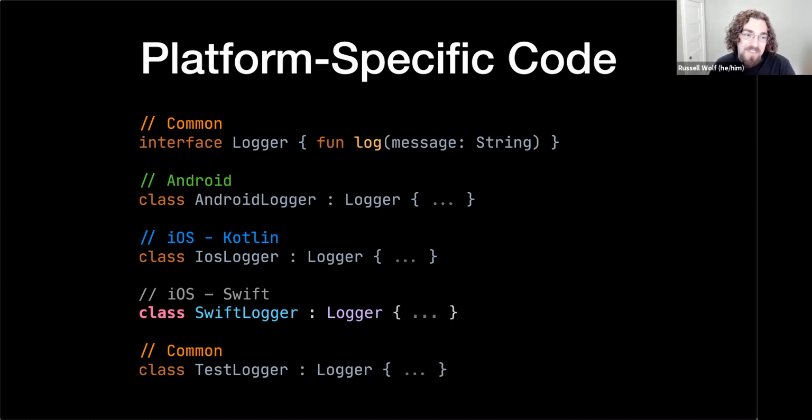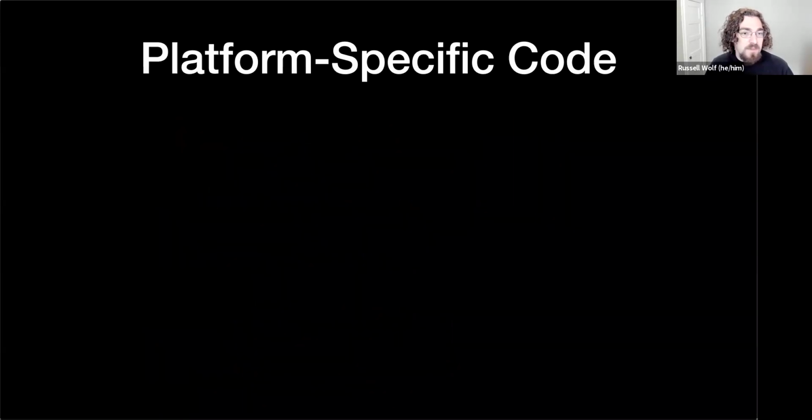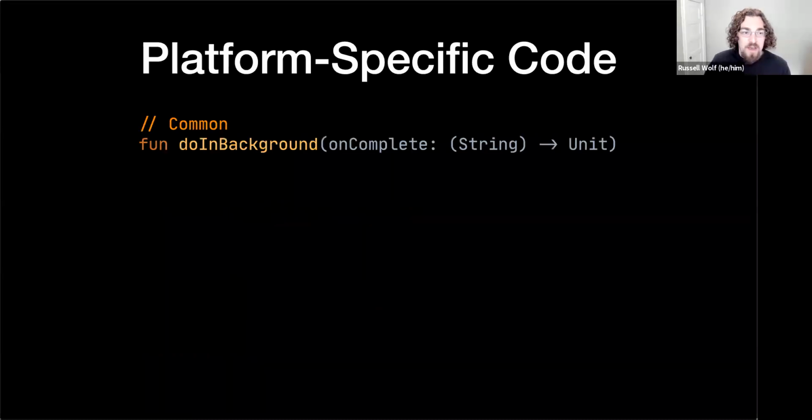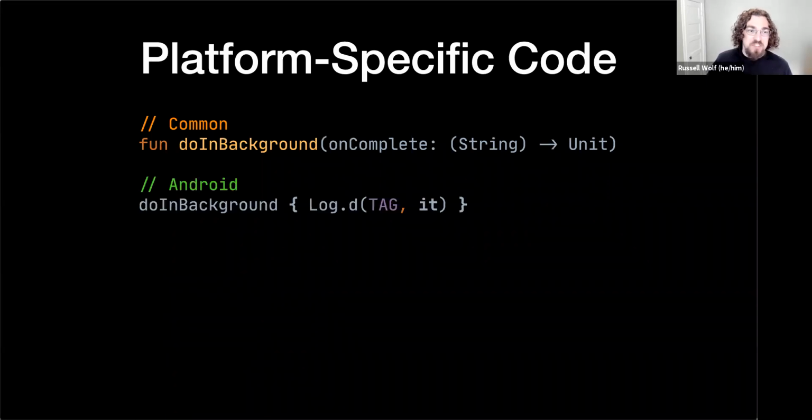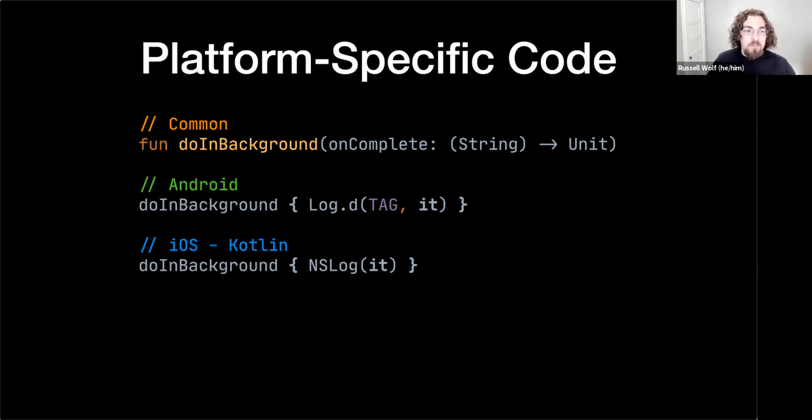So you could have a test version that lives in common or lives wherever you want it to be. Common is really nice for tests because you could run all of your tests against it on all platforms. And you can do the same thing with function calls that take parameters. You could have this doing background work that you pass from whatever platform you're running on, whatever logic you need to.